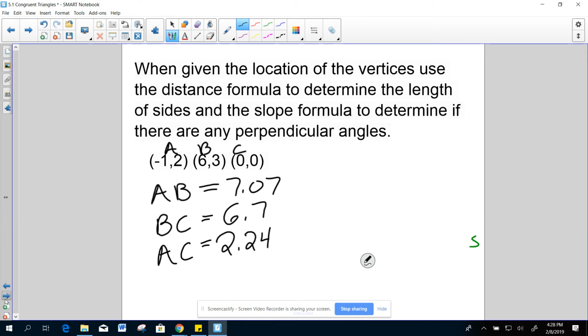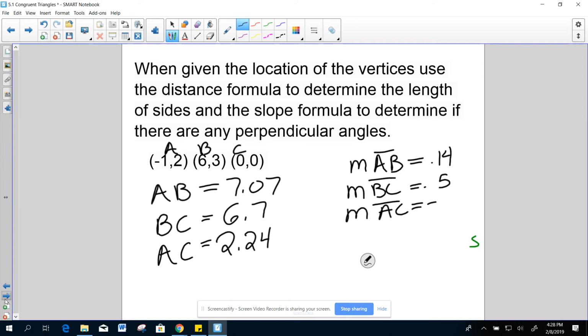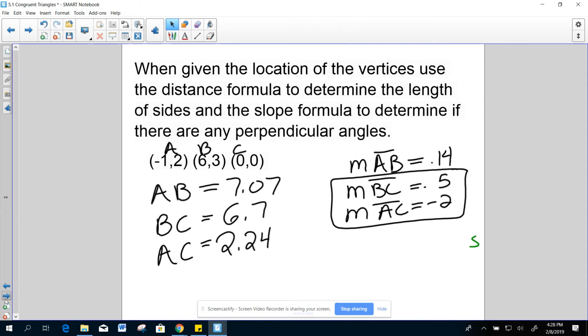If I go through and do my slopes, the slope of AB, the slope of BC, the slope of AC, I'll end up with 0.14, 0.5, and -2. And that means that I have a perpendicular set of lines here. So this is a right scalene.